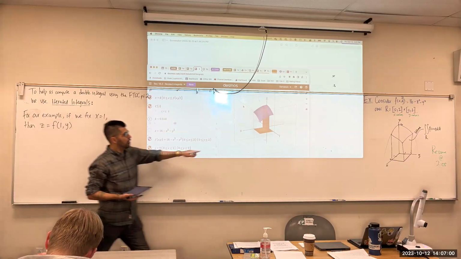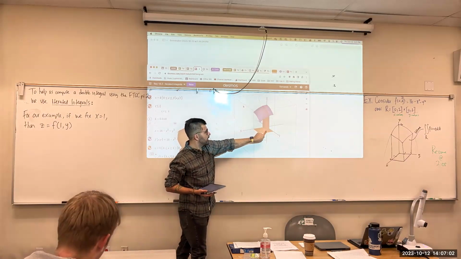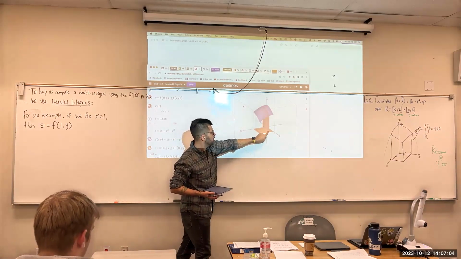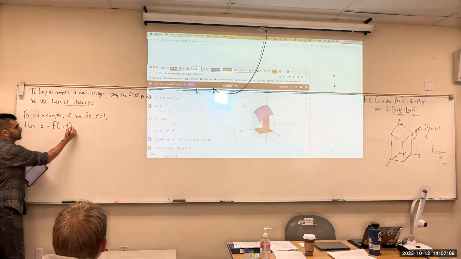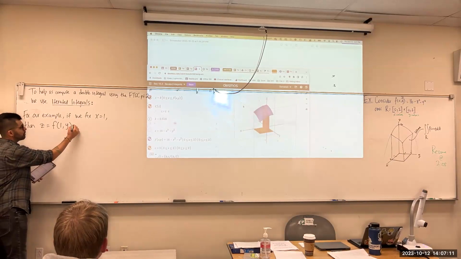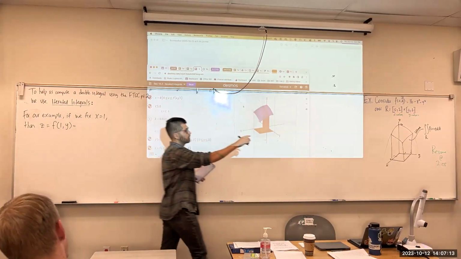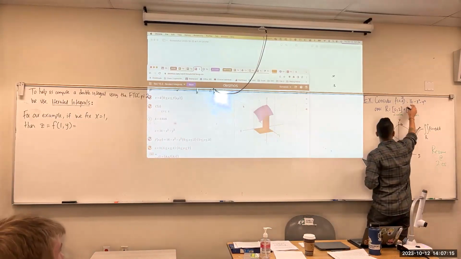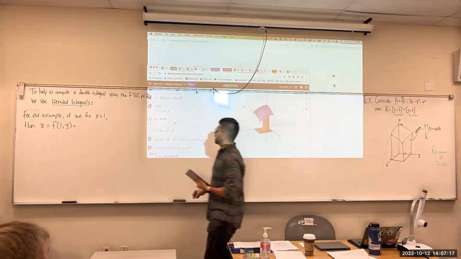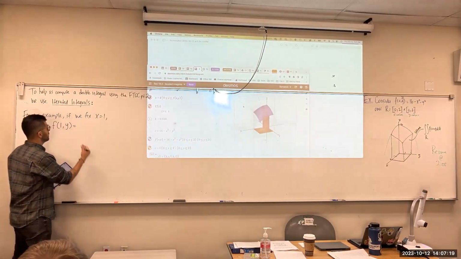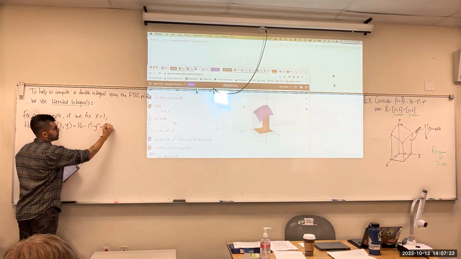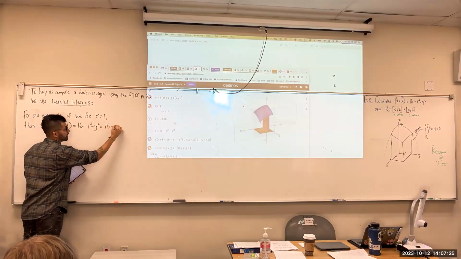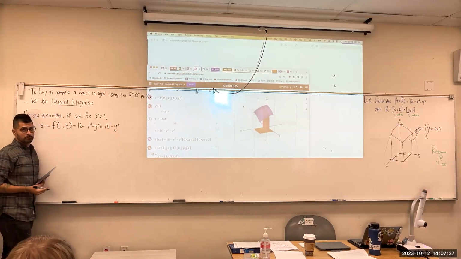All the points that lie on the rectangle where x is fixed to be 1 will have coordinates that look like this. We plug that into the function from our example, and that's going to give us 16 minus 1 squared minus y squared, which just turns into 15 minus y squared.